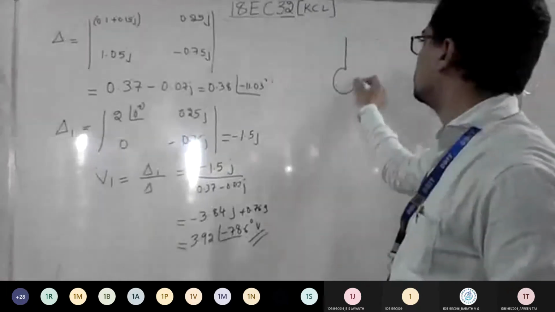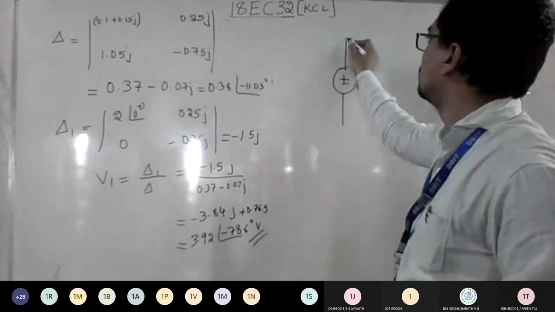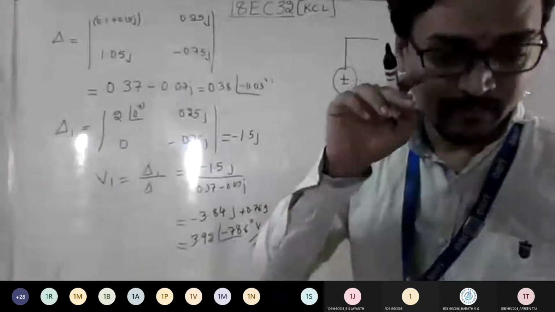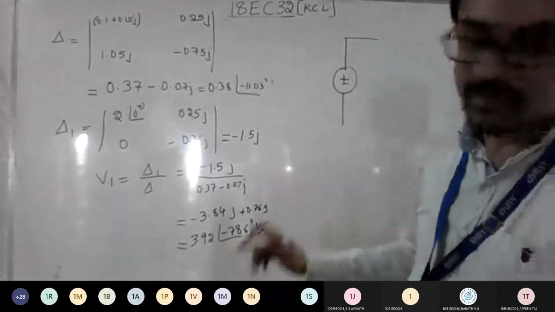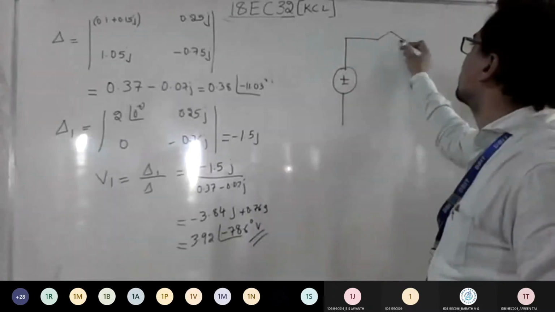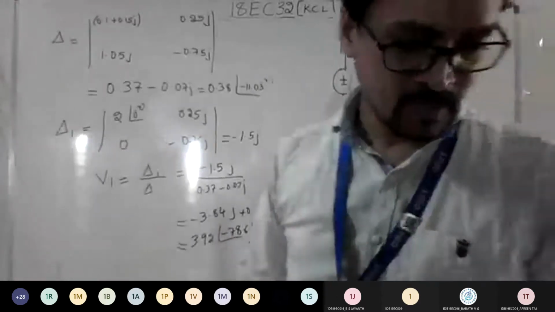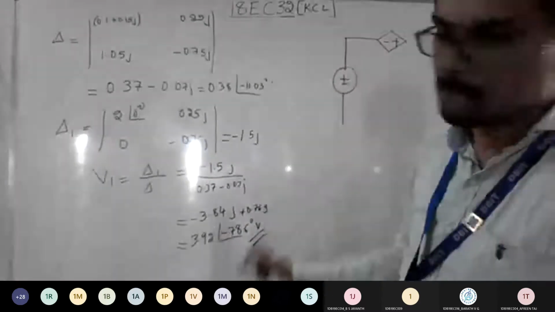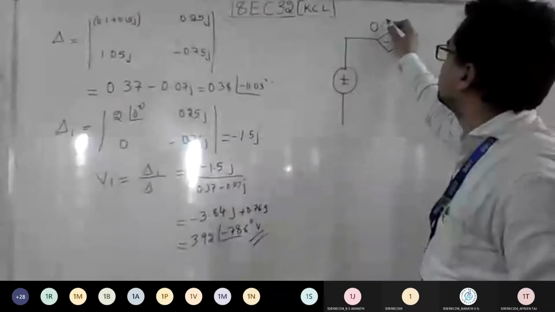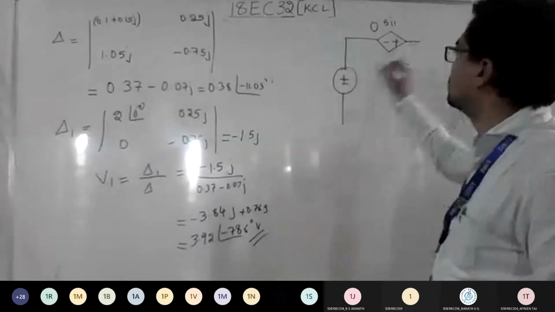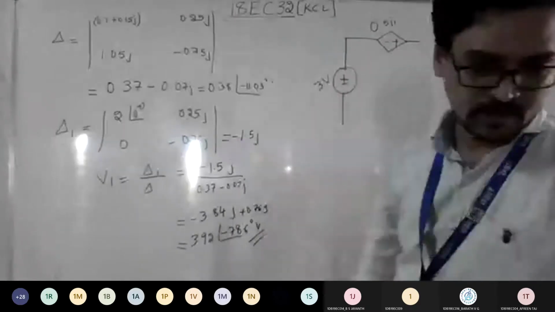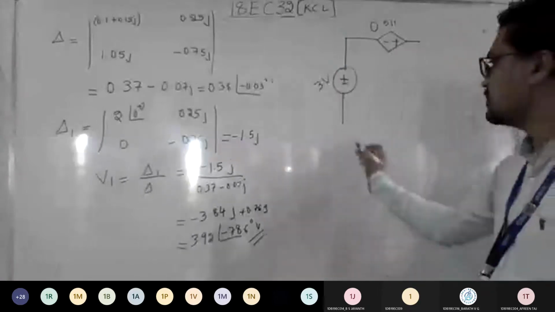The current I1, using nodal analysis, for the circuit shown below. They have given the network here.